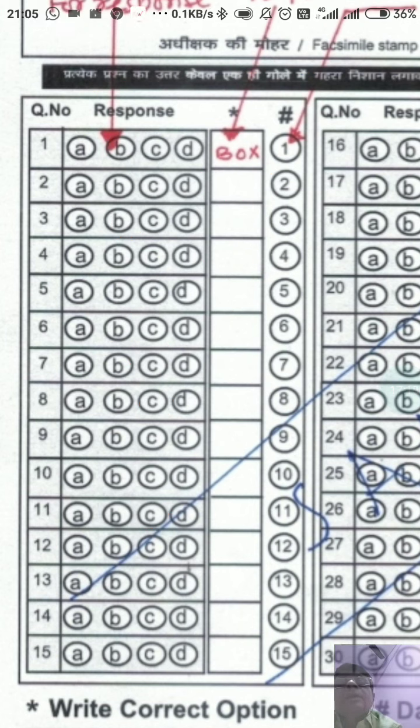Now here there is a star mark above the box. It means in these boxes you have to write the response that you have done, but it's my suggestion, first of all mark the responses for all the questions, and then review it.